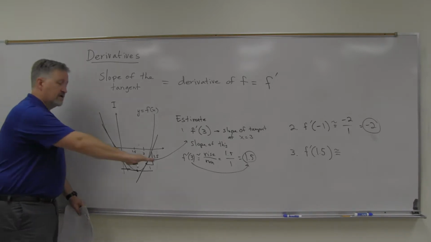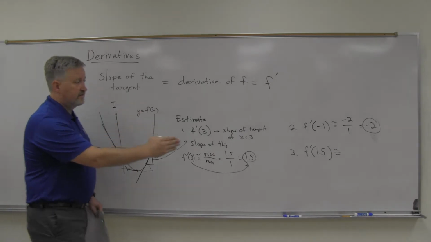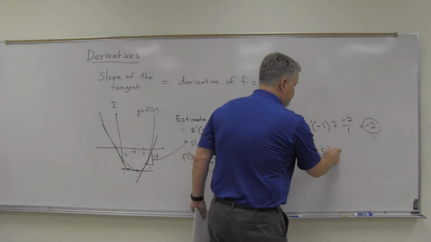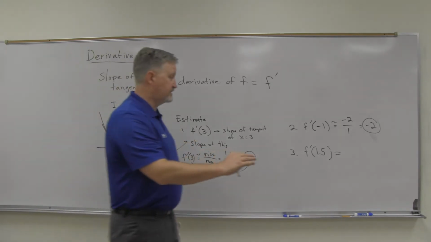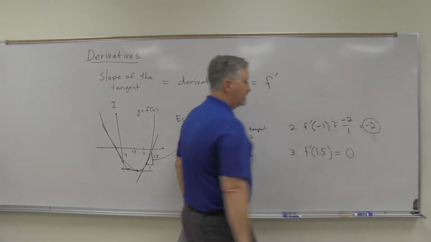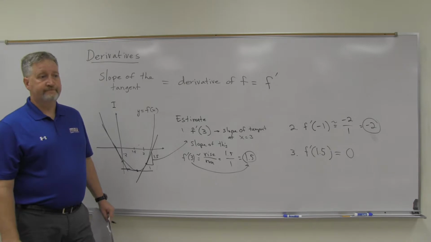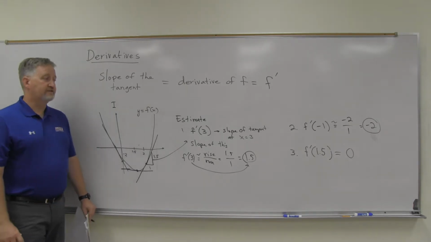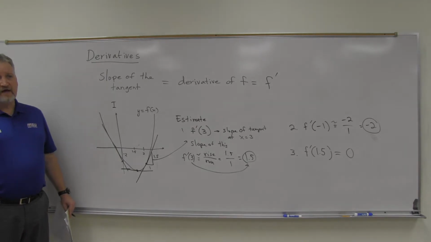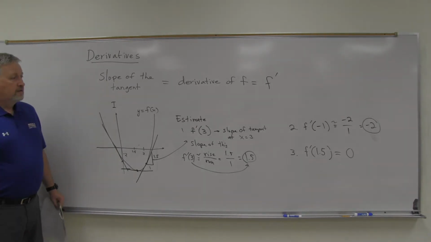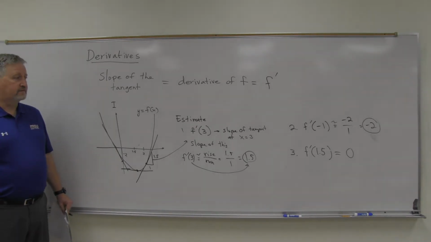Yeah, since I've got a horizontal tangent line, the derivative, and that's what I was saying, I could remove this approximation because it's exactly equal to 0. Whenever you have a horizontal tangent line, your slope's going to be 0. And so thus your derivative is going to be 0 at 1.5. Okay? And that'll be an important point in a lot of contexts.